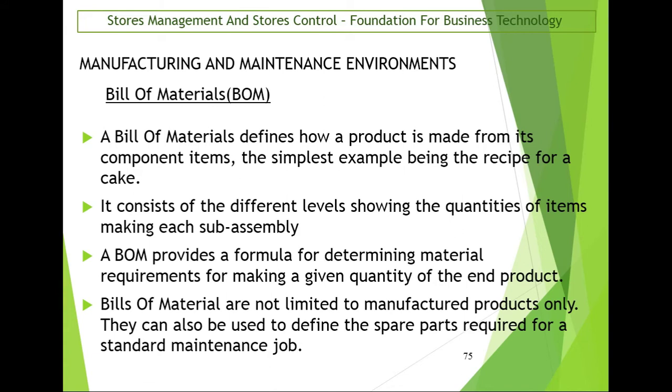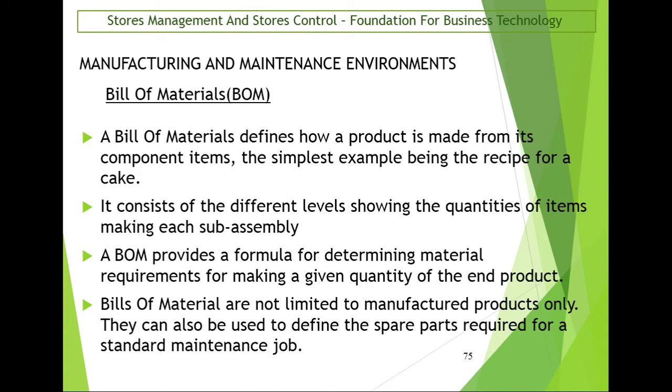The bill of materials are not limited to manufactured products only. They can also be used to define the spare parts required for a standard maintenance job. Let's say, for example, you know that for you to perform the service for a vehicle, you need an air filter, a fuel filter, an oil filter, maybe some plugs.